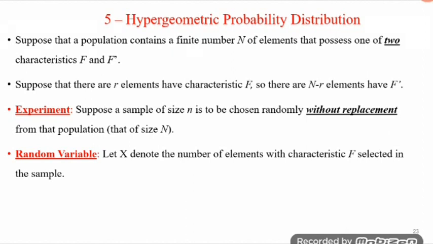So X will be the number of successes in the sample. This is very similar to the binomial distribution, except that the selection is done without replacement. So the conditions of the binomial distribution are not satisfied here, and the binomial distribution is not appropriate for this kind of experiment.